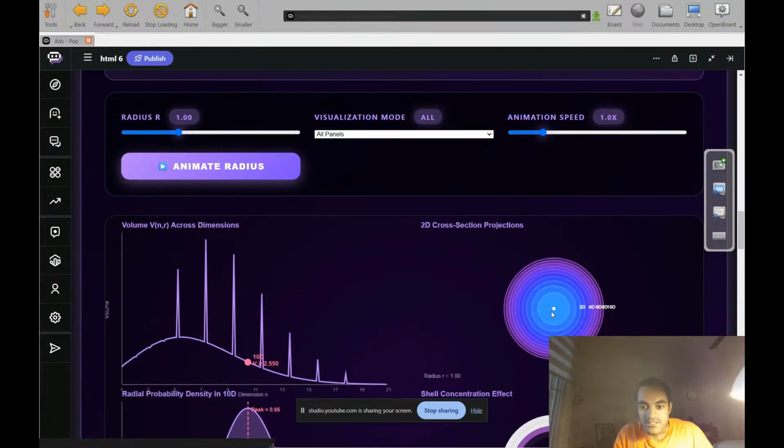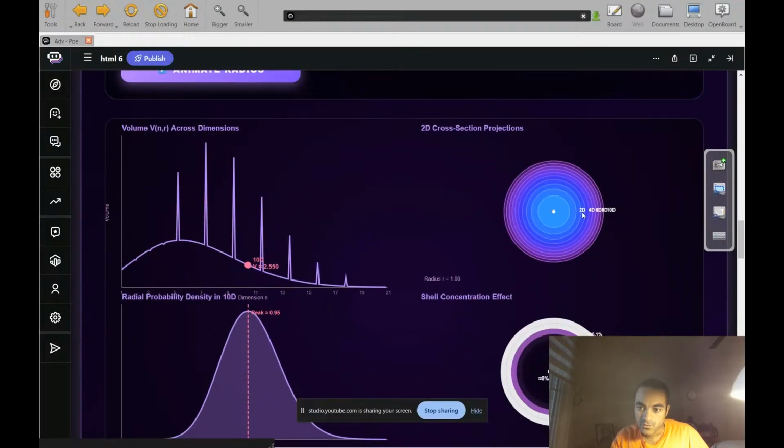So you can see we have cross-sectional projections here: 2D, 4D, 6D, 8D, and 10D. As you move away from the center point, your radius will increase. The first one is in 1-dimensional space, then 2 dimensions, 3, 4, 6, 8, 10, up to 10 dimensions.